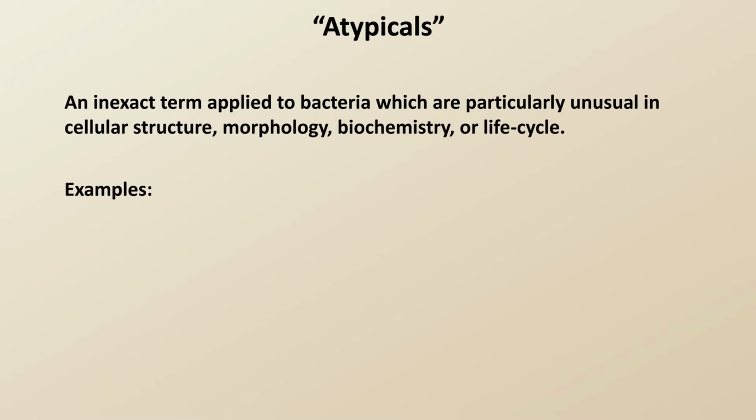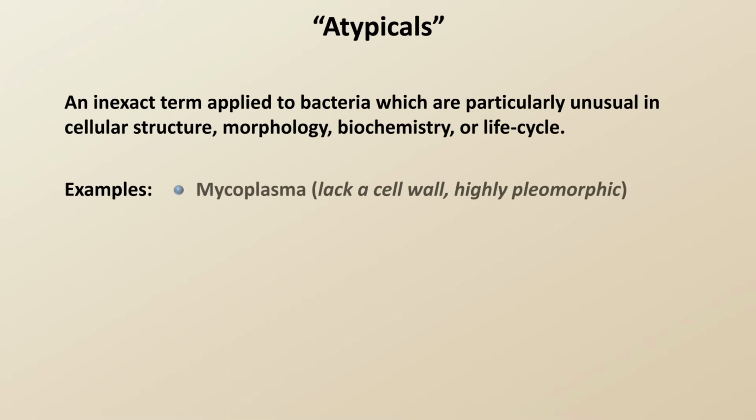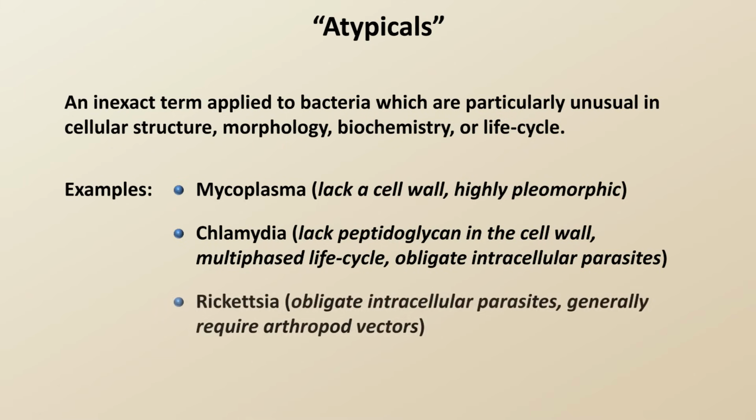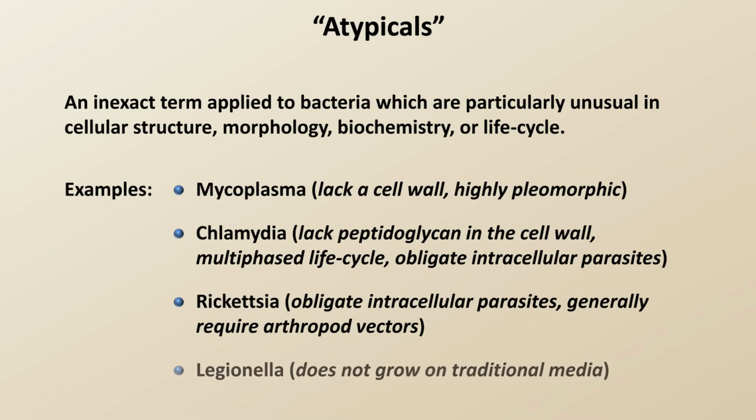Routinely cited examples of atypical bacteria are Mycoplasma, which lack a cell wall and are highly pleomorphic; Chlamydia, which lack peptidoglycan in the cell wall, have an unusual multi-phased life cycle, and are obligate intracellular parasites, that is, they are incapable of producing their own ATP; Rickettsia, which are also obligate intracellular parasites and generally require arthropod vectors; and finally Legionella, which, like the above, does not typically grow on traditional media.